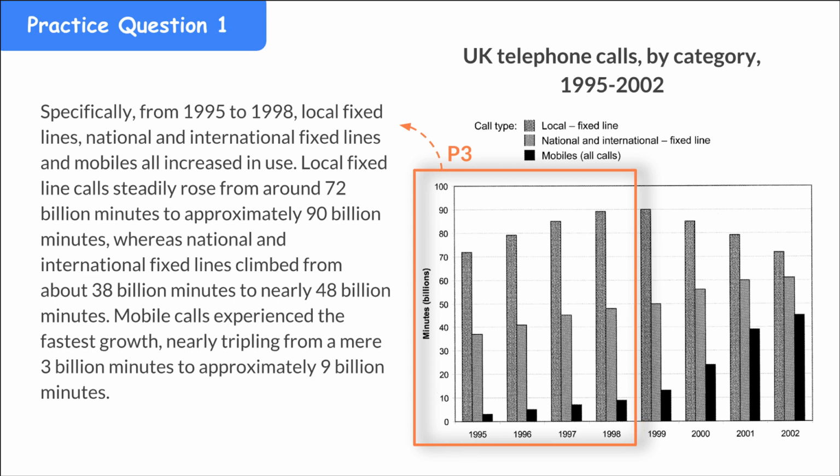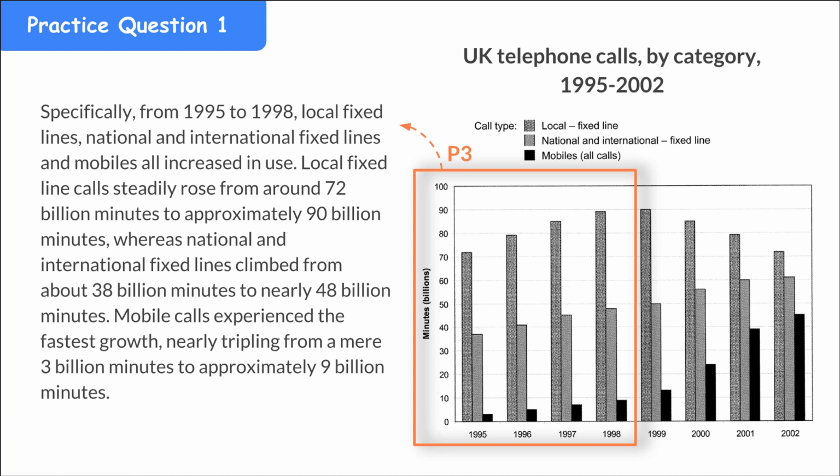So in my third paragraph, I have done 2 things. The first thing is that I have described the starting data point and the ending data point. The second thing that I've done is that I've described the trend of the graph over the period of 1995 to 1998. So I hope that that's clear for you.